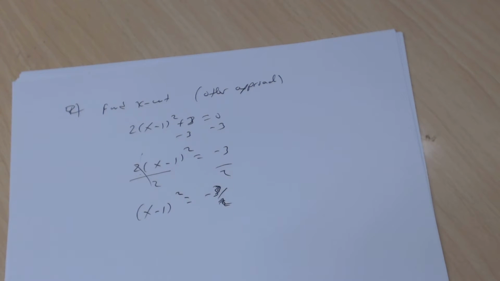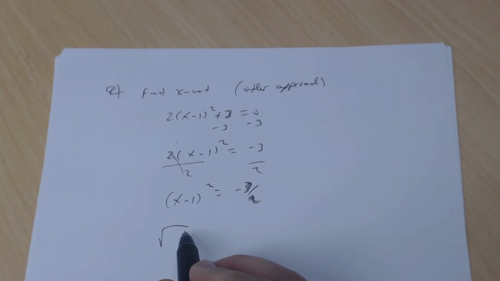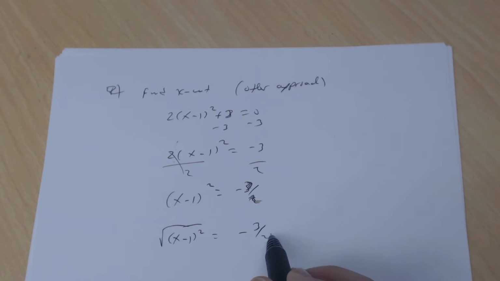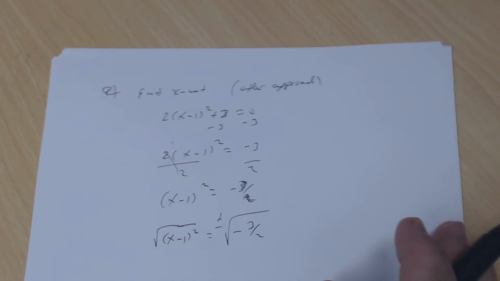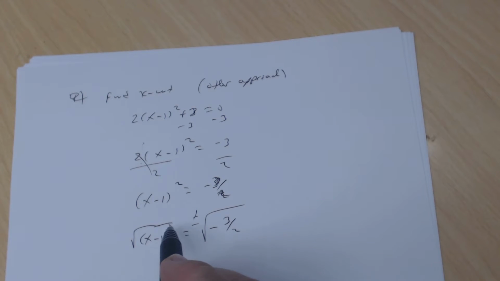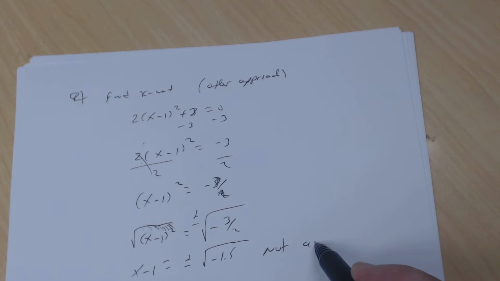Now I want you to notice something. When I take the square root of both sides and do the plus or minus, the square and square root undo each other, and I get x minus 1 equals plus or minus the square root of negative 1.5. Remember, negative 3 halves is negative 1.5. I cannot take the square root of a negative number, so that's not a real number.